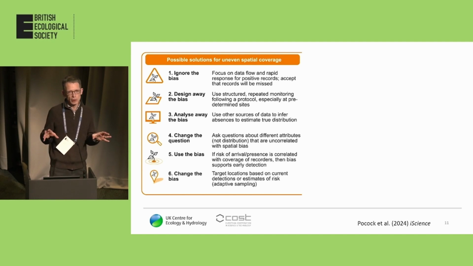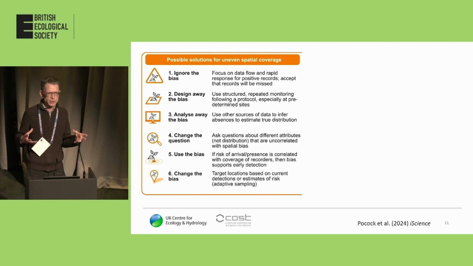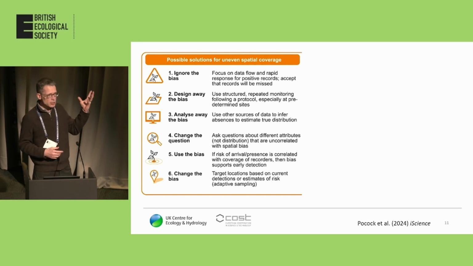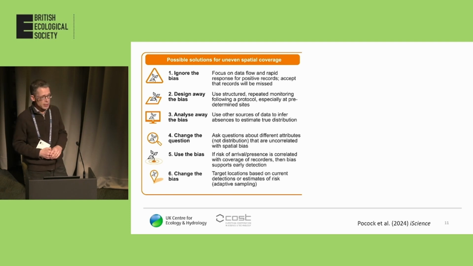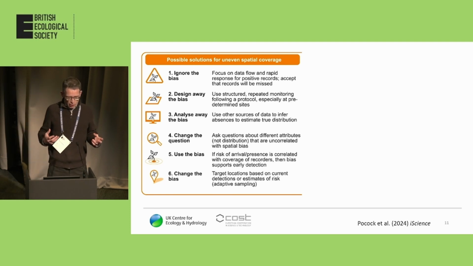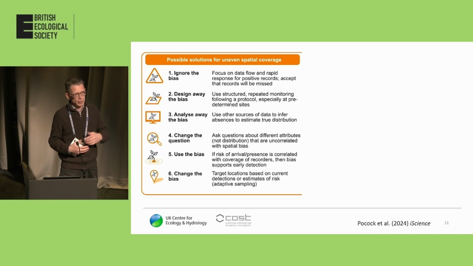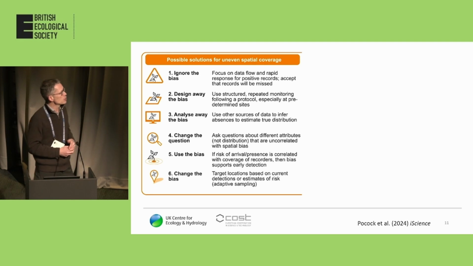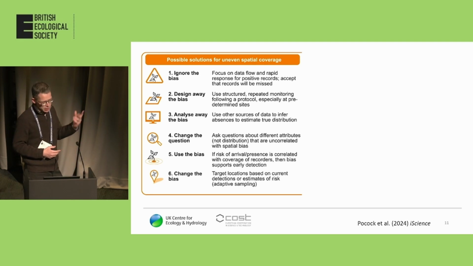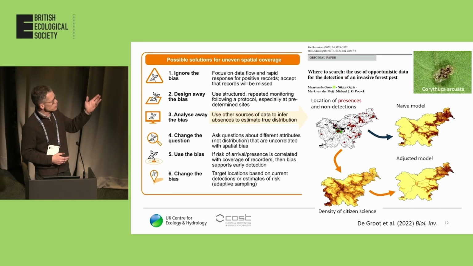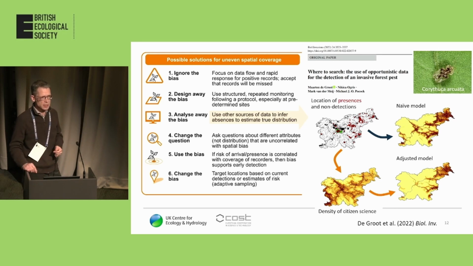But the second problem, uneven spatial coverage, which I think people tend to dwell on less, has a range of possible solutions. Some of it is around designing more structured monitoring in order to capture spread and information more rigorously. Some of it is about using analysis, for example occupancy detection models.